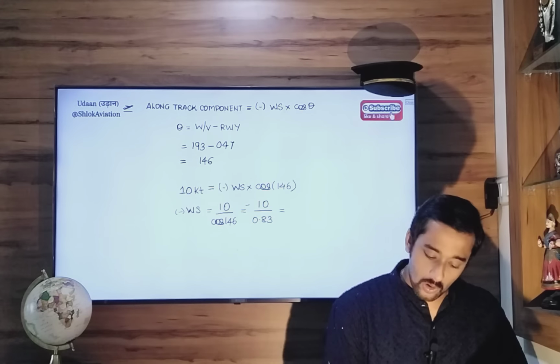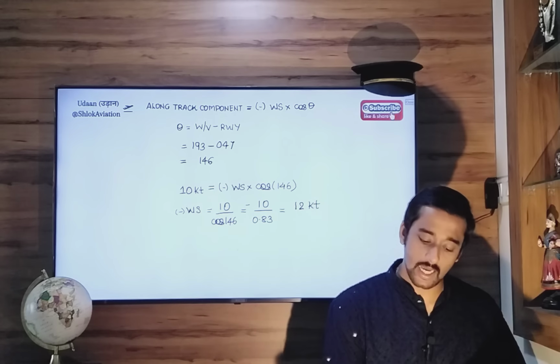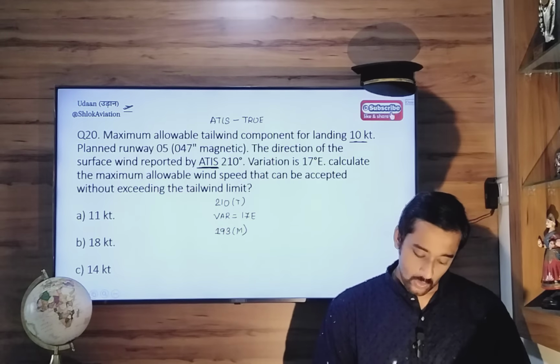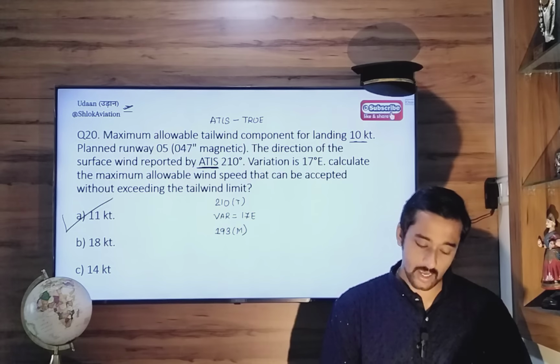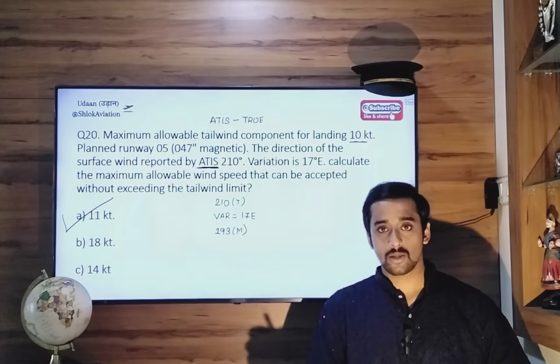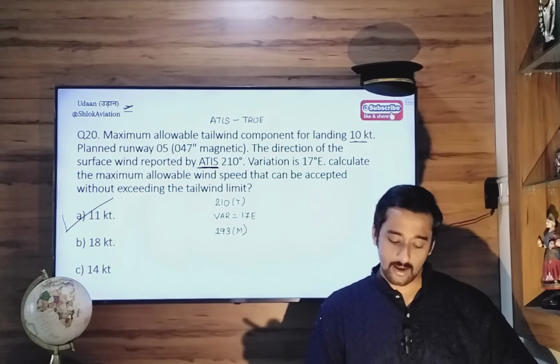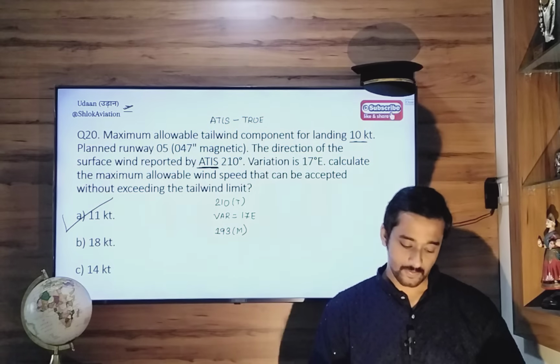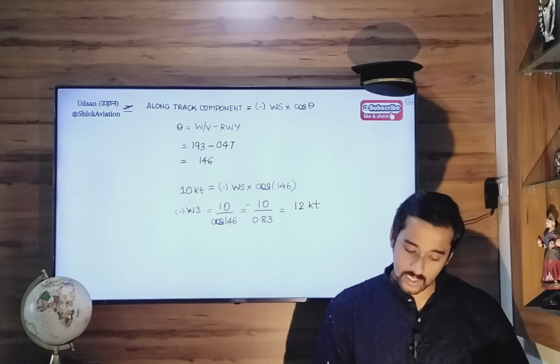That is 12 knots. Minus minus cancelled, so 12 knots. So wind speed will be equal to option A, approximate 11 knots, or accurate value that I have got is 12 knots. So this is how you do this sum.